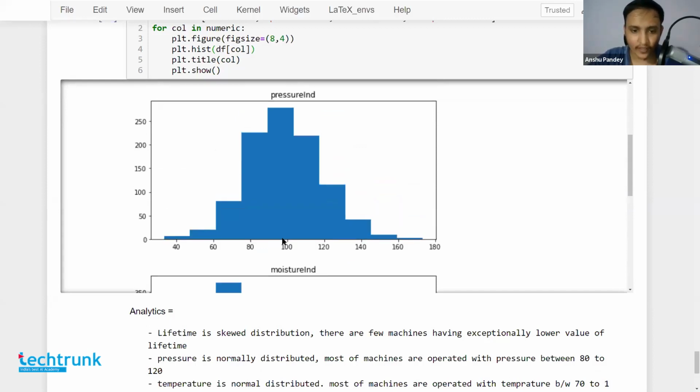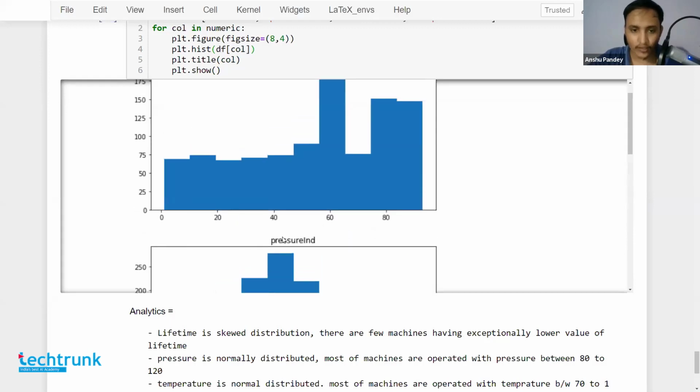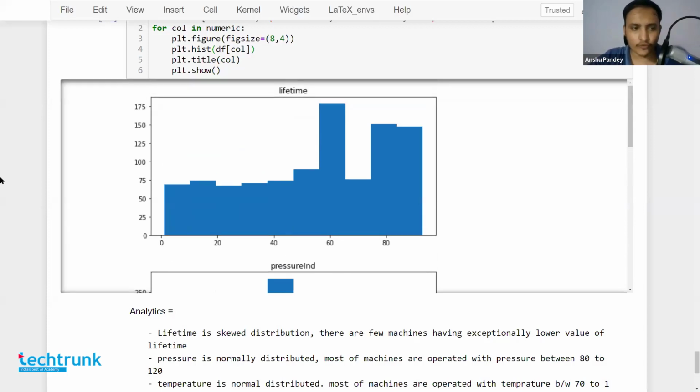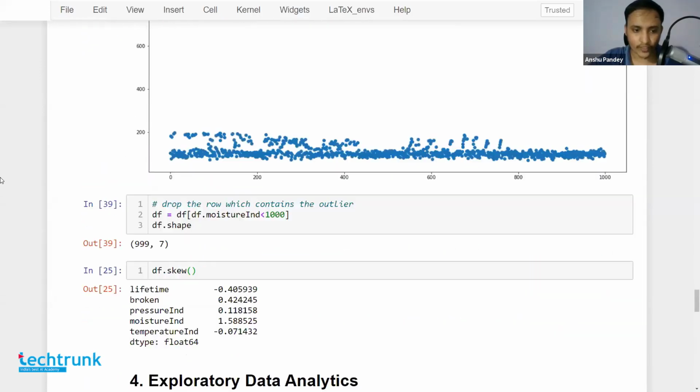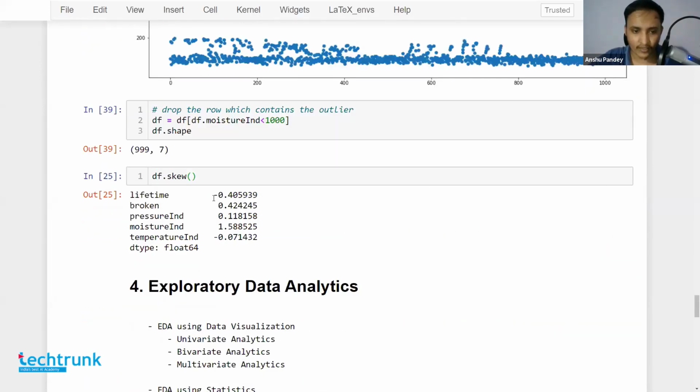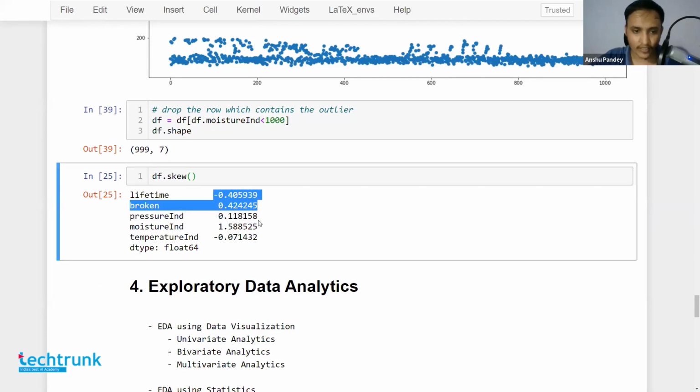Here it is symmetric alongside the central value, so it is normal distribution. Here it is not symmetric on both sides of the central value, so it is skewed. Another way is always to look at the skewness of the value. When you do df.skew, that also shows whether data is skewed or not. You can see that here. This simply shows whether the data is skewed or normal distribution.